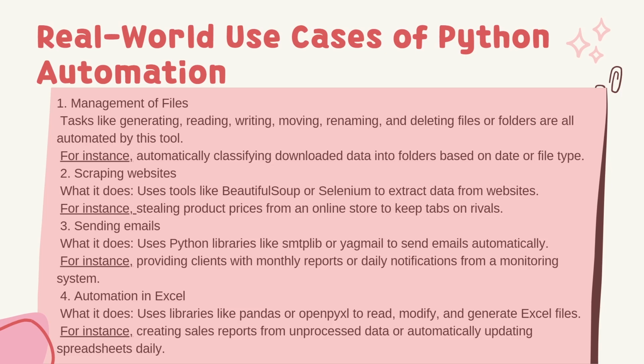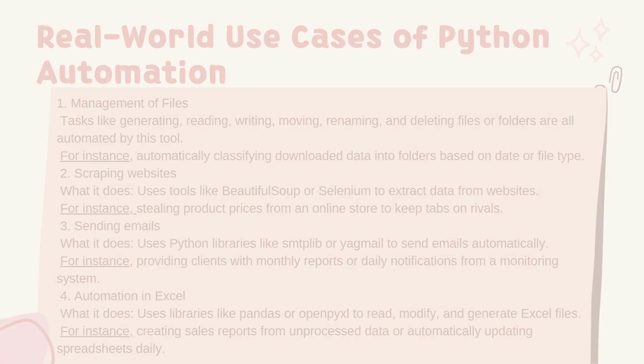What it does is that it uses libraries like pandas or OpenPyXL to read, modify, and generate Excel files. For instance, it creates sales reports from unprocessed data or automatically updates spreadsheets daily. So in these cases, it is going to help a person, even a company, to reduce a lot of work and also reduce a lot of errors.